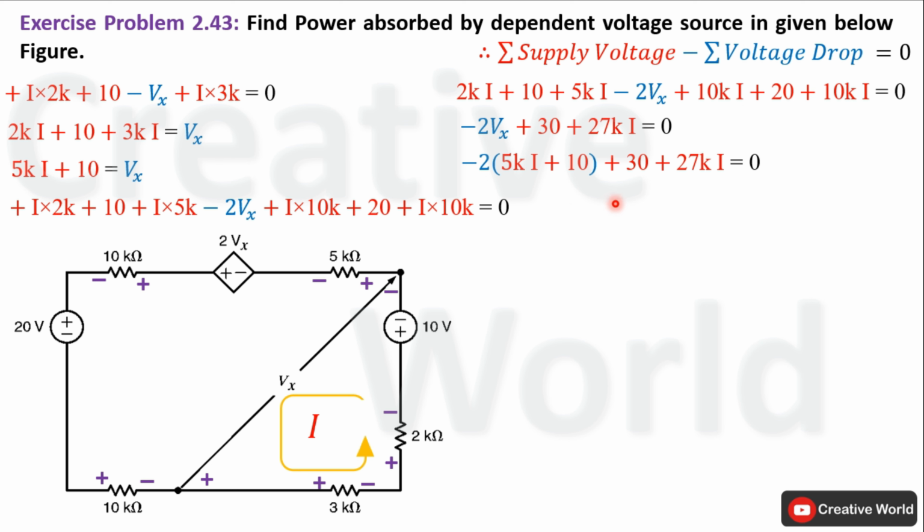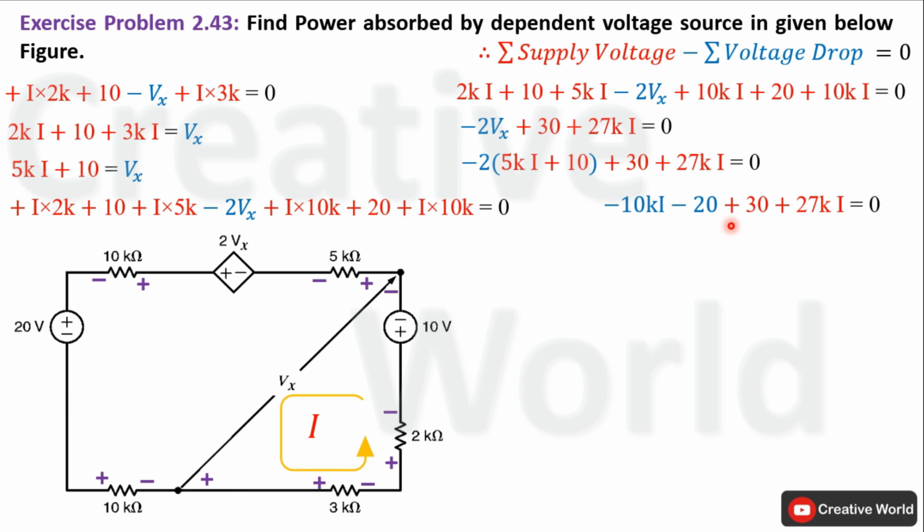Now solve this equation. Open these brackets. Minus 2 will multiply with 5Ki. It will become minus 10Ki minus 20 plus 30 plus 27Ki equal to 0. Now inside this equation we only have one variable, so we can calculate its value.